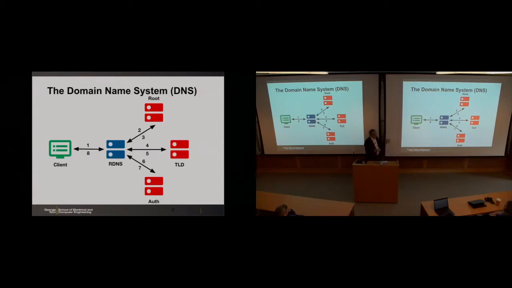In the event where your DNS resolution request misses the cache of the recursive DNS server, it would proceed into an iterative process through which it would reach the roots, the TLDs, and the authority name servers in an effort to derive the proper mapping between a domain name and an IP. And that's what the domain name system does. It's a distributed hierarchical database through which you can quickly map a domain name into an IP address.